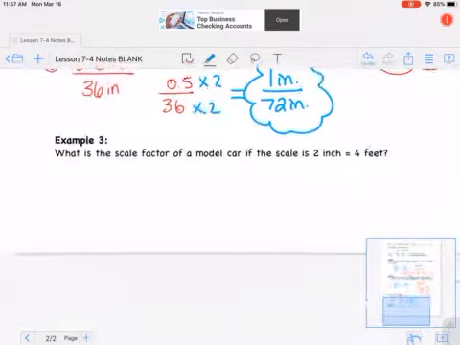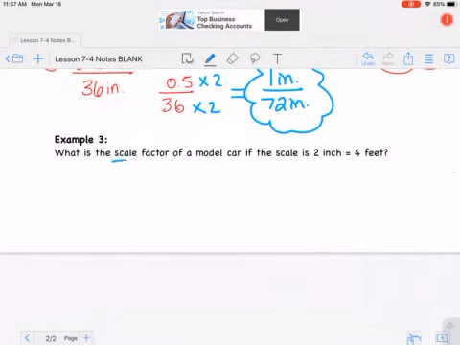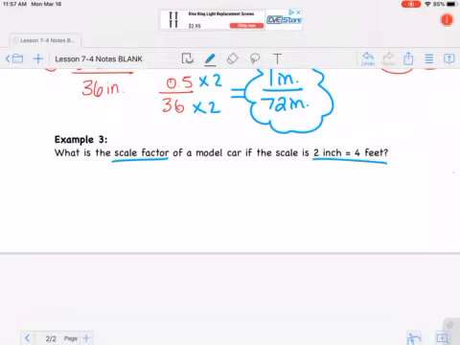All right, in our last example, it says, what is the scale factor of a model car if the scale is 2 inches is equal to 3 feet? So this one is interesting because we have inches in the numerator and feet in the denominator. So with scale factor, the one thing you have to do is convert all to the same units. So the easiest way for us to do this would be to convert the feet into inches.